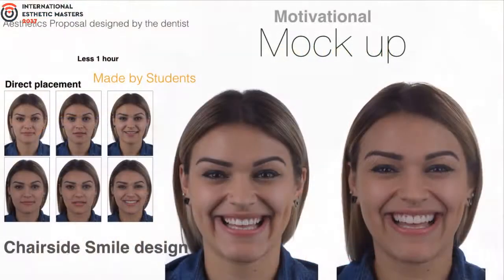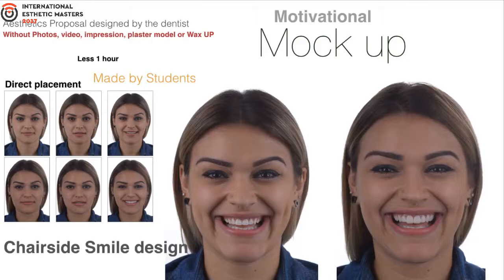You can create an aesthetic proposal in less than 1 hour because you don't need to take any photos, record any videos, make any plastic model, nor WhatsApp. That is, you don't have to spend a lot of money on photos, video, plastic model, and WhatsApp before the patient accepts treatment.